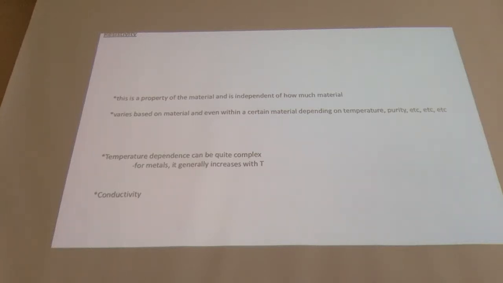Let me start by giving you the equation that tells us how it relates to resistance. So resistance is R, and R is equal to rho, which is the resistivity, times L divided by A. L is the length of the material, and A is the cross-sectional area of the material.